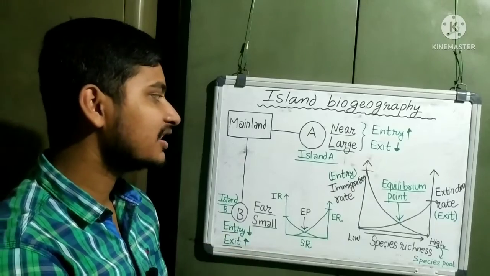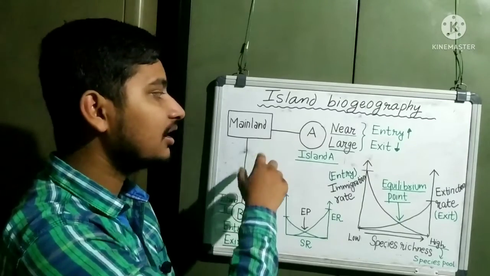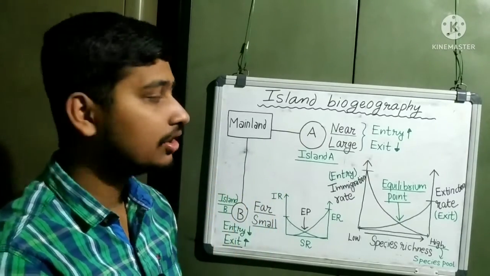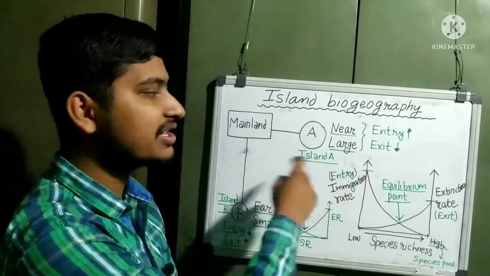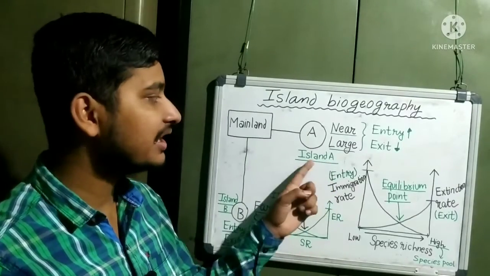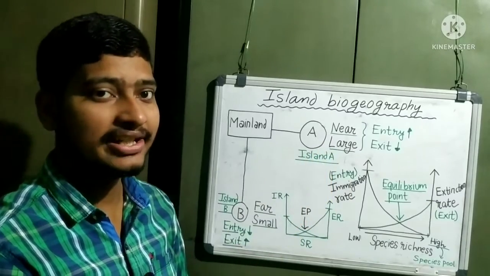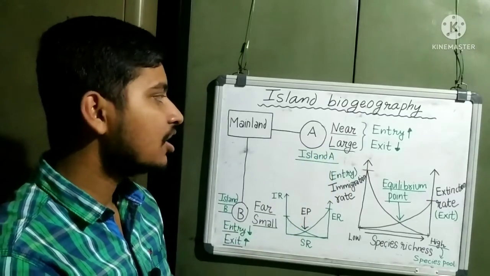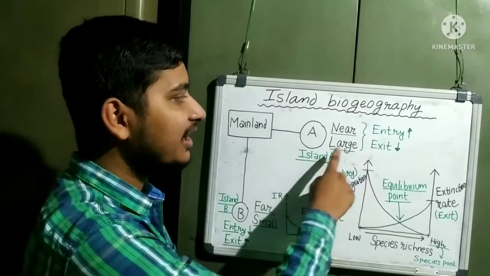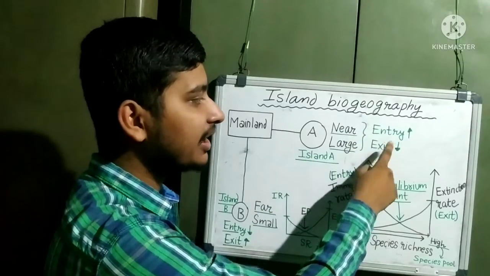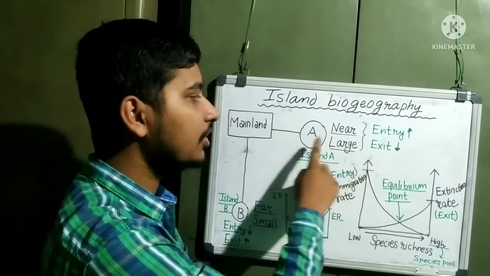The answer is they will more likely move towards island A because it is near as well as large in size. Its area is large. So in island A, entry rate will be high and exit rate will be low.